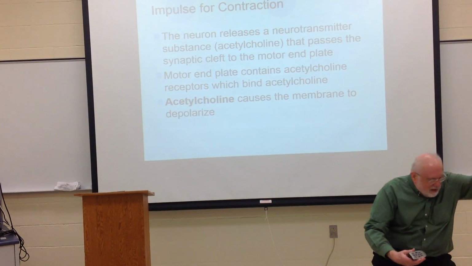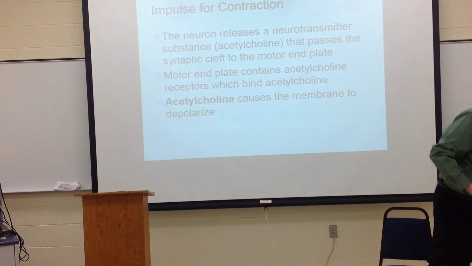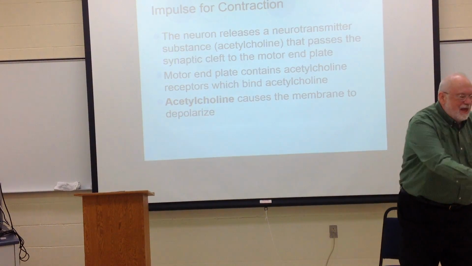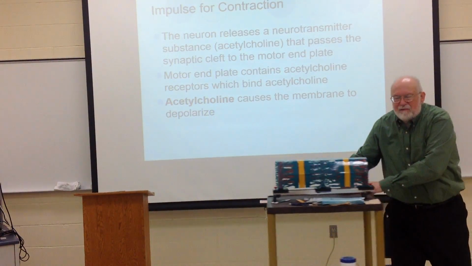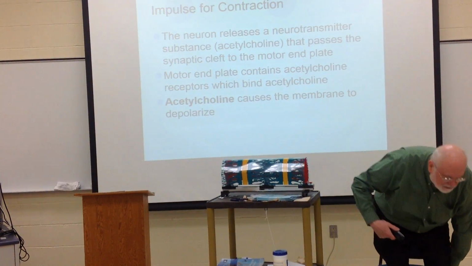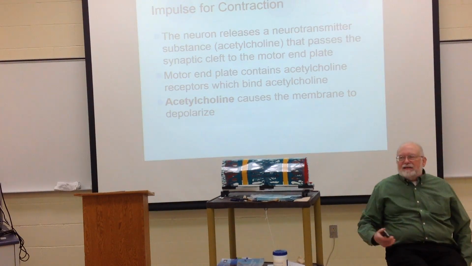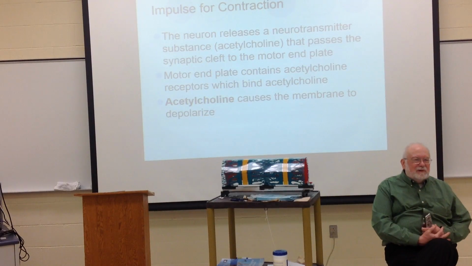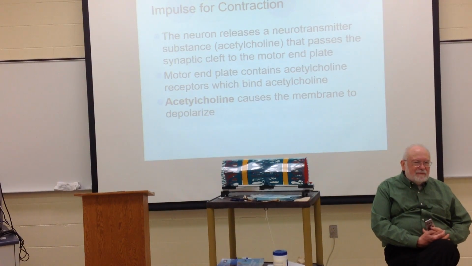Now, get the diagram. There in yellow, there are the T-tubules. What butts up against the T-tubules? What's the green stuff? Terminal cisternae of the sarcoplasmic reticulum. That's right.